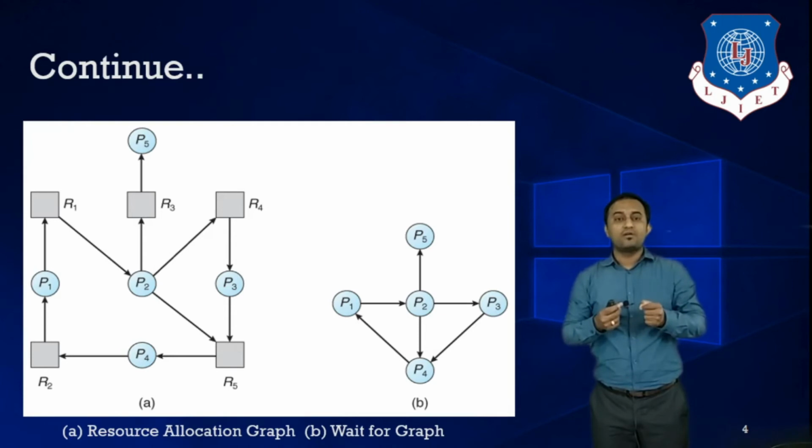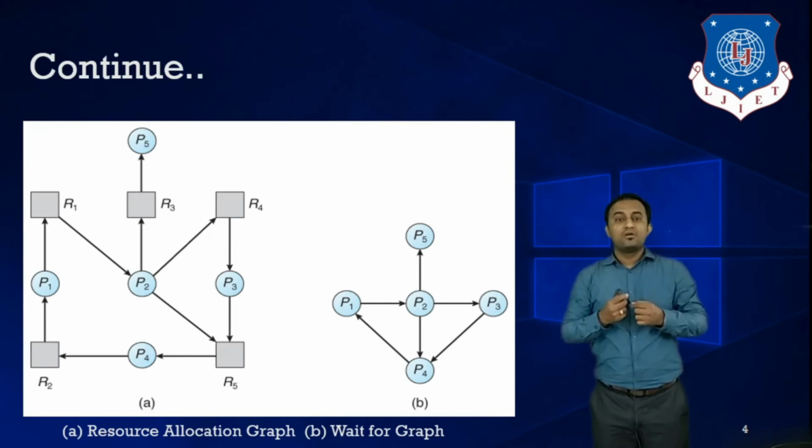It means that ultimately P1 is waiting for P2 to release its resources. In the same way, if you are talking about process P2, process P2 is requesting resource R3, resource R4 and resource R5.